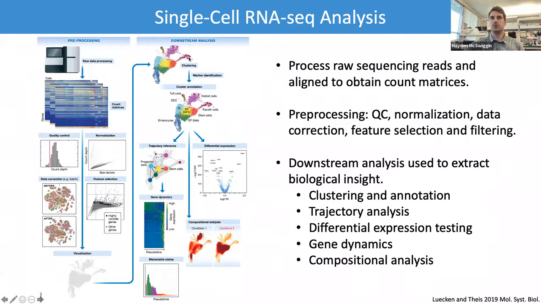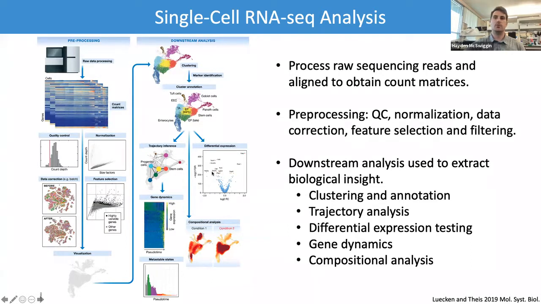Cells with similar transcriptomes will cluster closer together than cells that have different transcriptomes. And then you can look at the genes in each one of these cells to identify the markers of these clusters. And using those marker genes, you can identify which cell types are represented by these clusters.